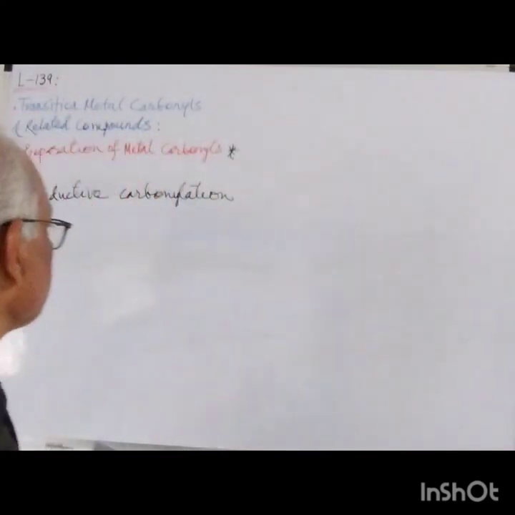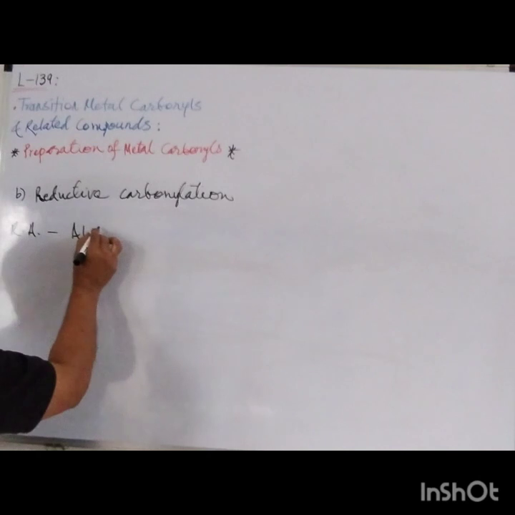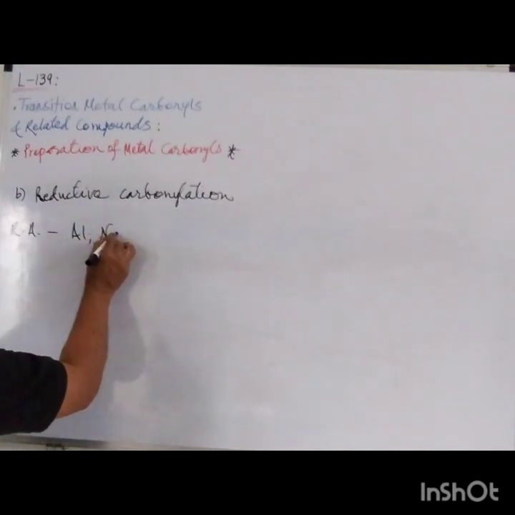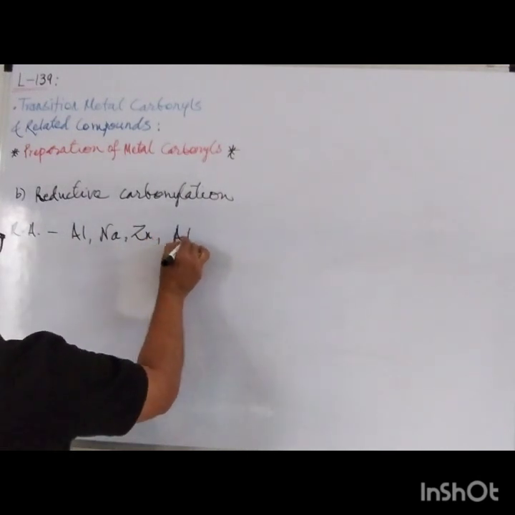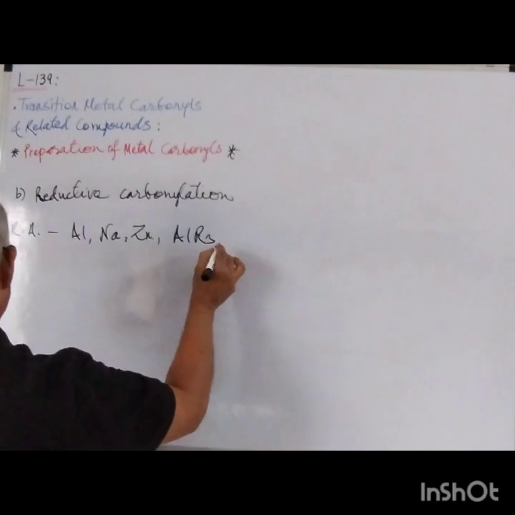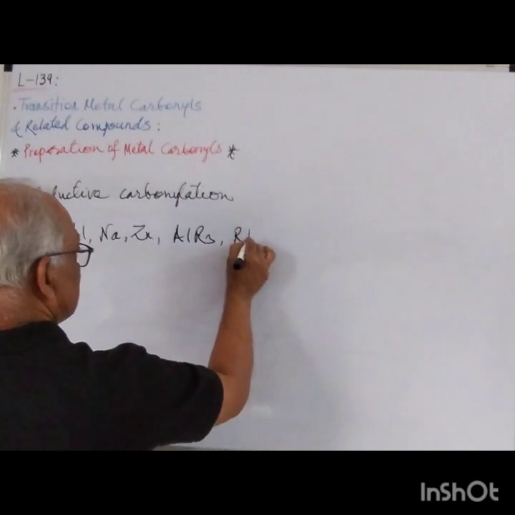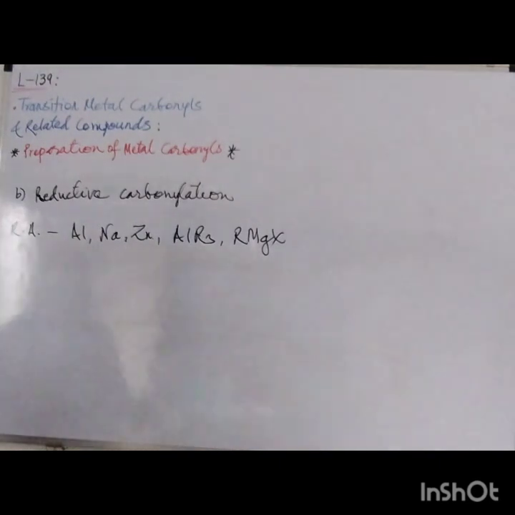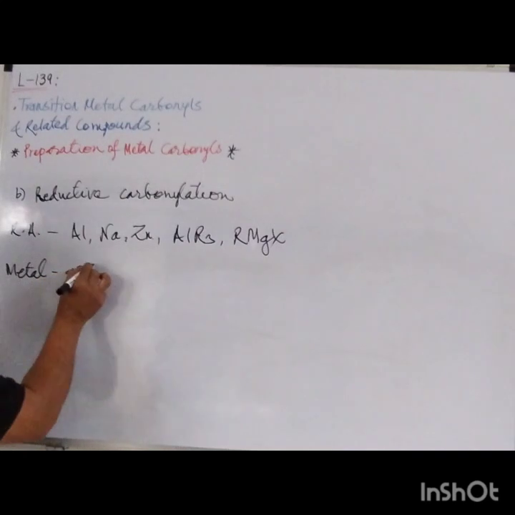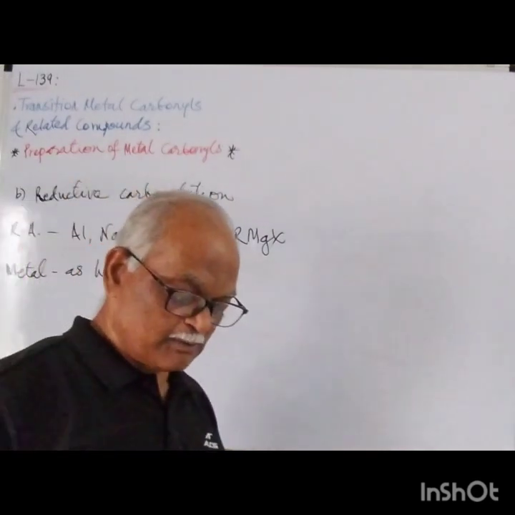The reducing agents are aluminium, sodium, zinc, then AlR3, that is trialkyl aluminium, and Grignard reagent or RMgX. So metal is used here in the form of halide.